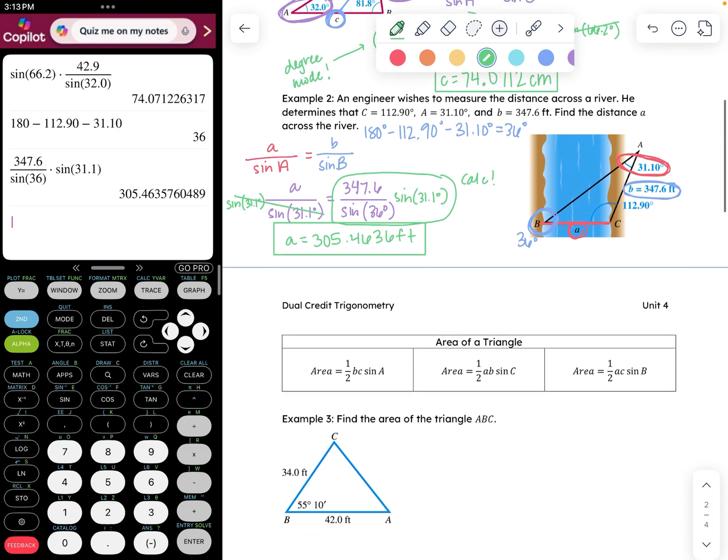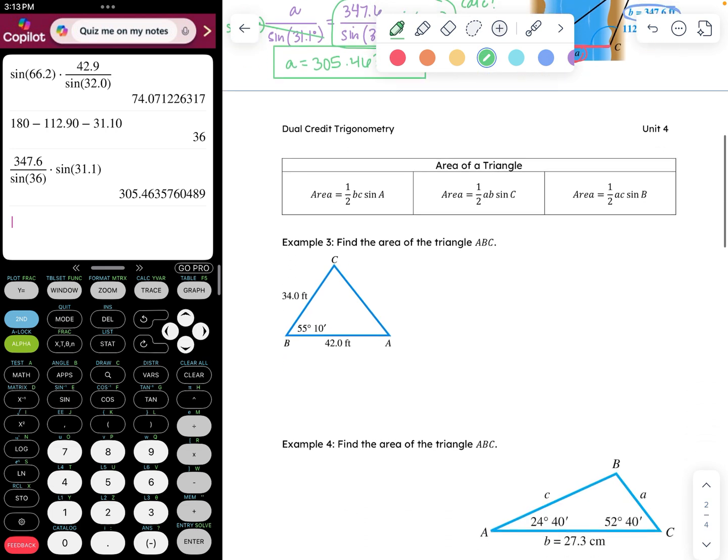Okay. Now you can also find the area of a triangle even if it's not a right triangle using sine. So that's the area formula that we have right here. It's the same formula. I've just written it out 3 times based off of what sides and what angle you know.